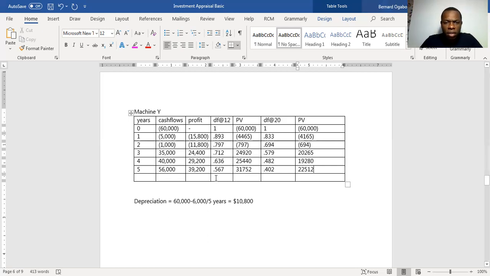Then we find the net present values, NPV. All the positives less all the negatives.